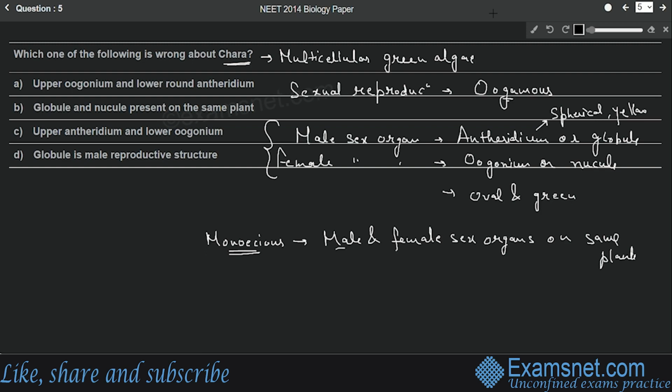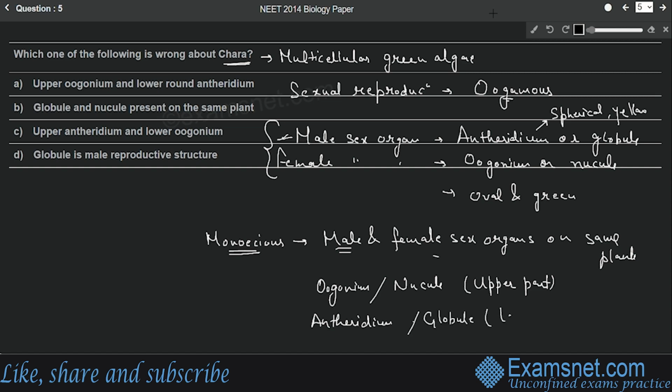Now, the arrangement of these sex organs is such that the male sex organ is located below the female sex organ. So the female sex organ, that means oogonium or the nucule, is present on the upper part, whereas the male sex organ, that is antheridium or globule, is present on the lower part.